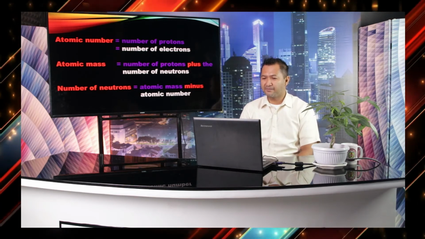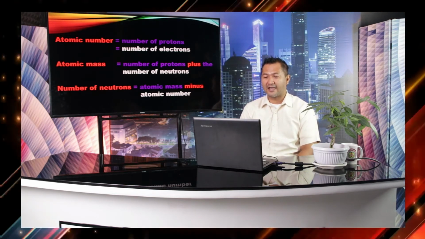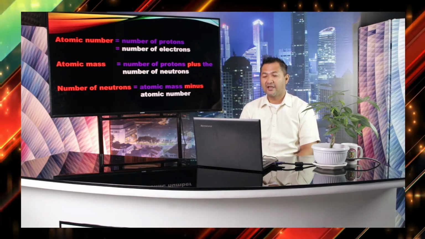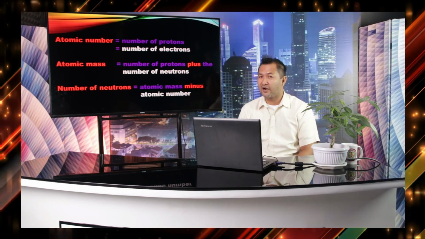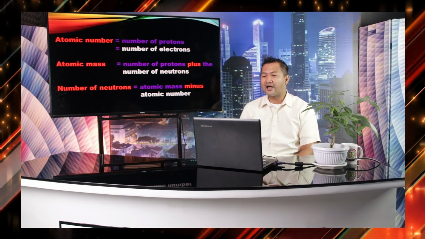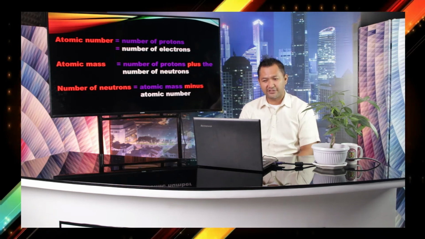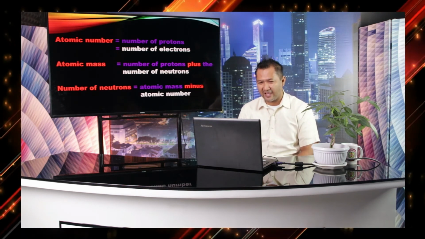To sum it up, the atomic number of an atom is equivalent to the number of protons, and is also equivalent to the number of electrons.